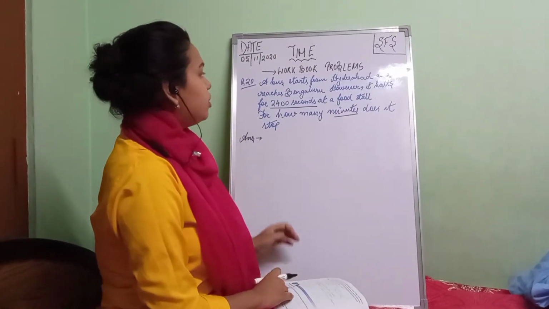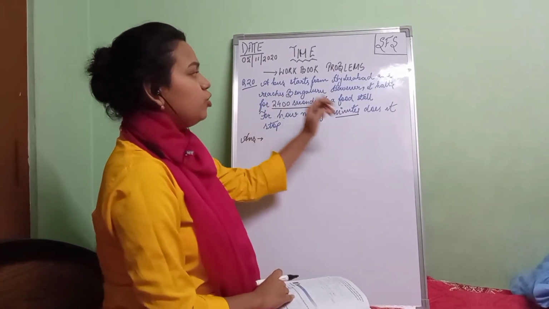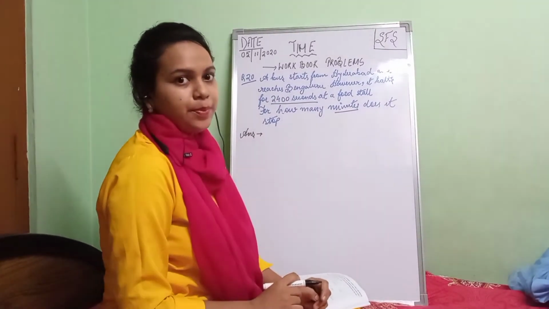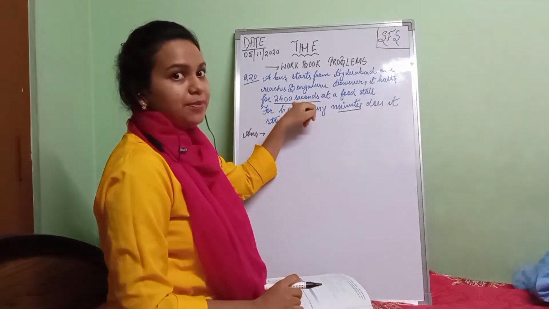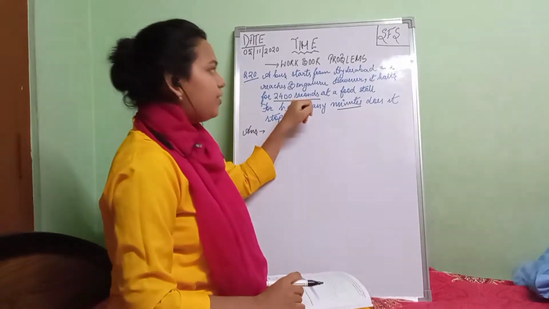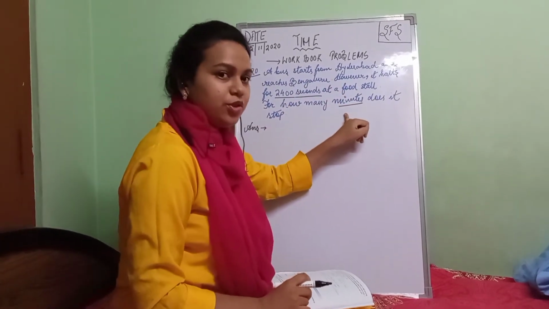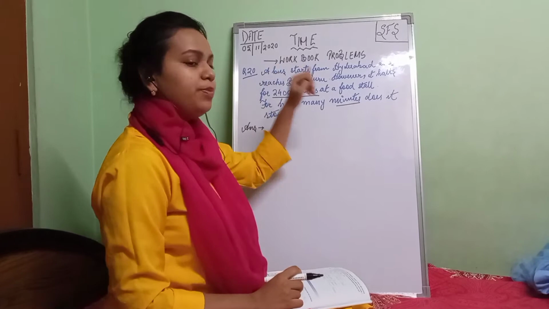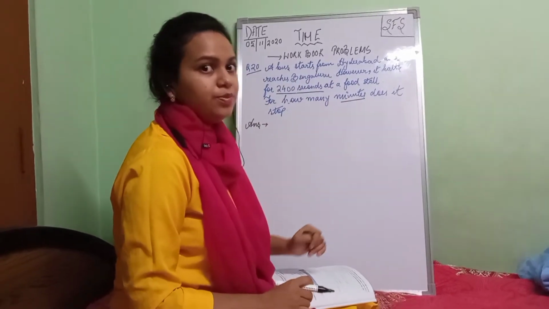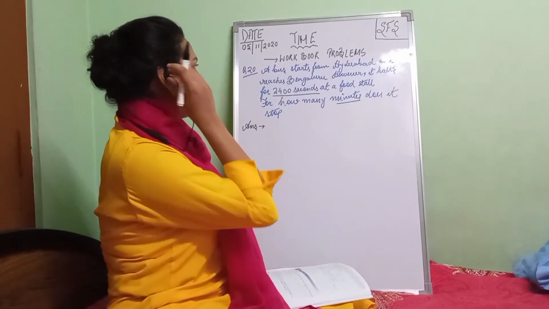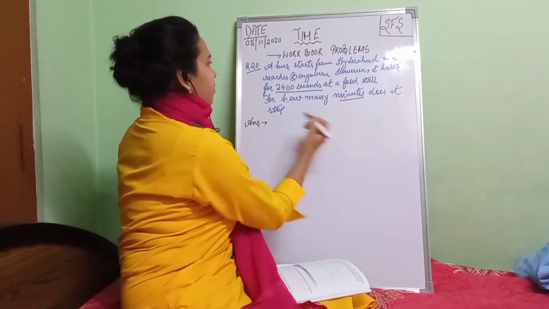Okay. So since we have to convert seconds into minutes, what do we have to do, children? From a smaller unit of time, right? Second is a smaller unit of time and minute is a larger unit of time. So from small to big, when we go, what do we do? We divide. So what do we know?